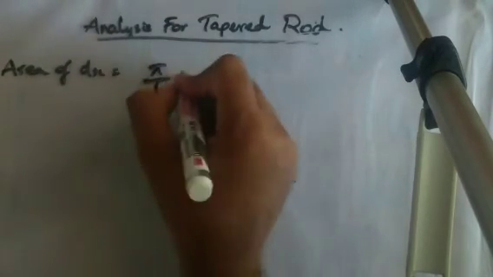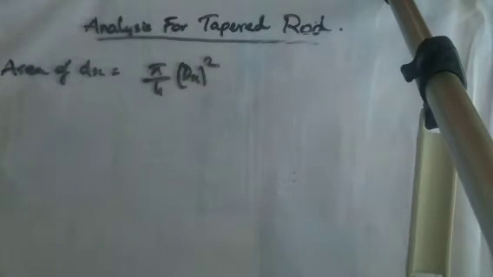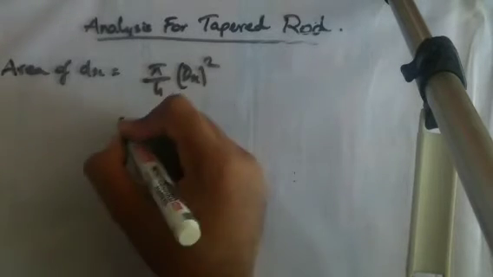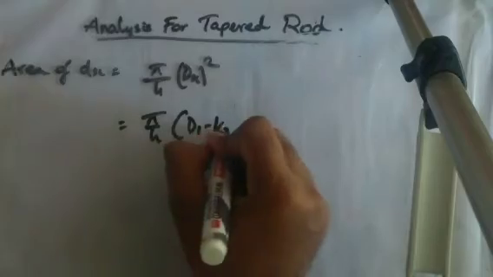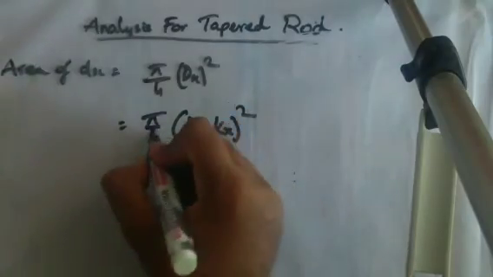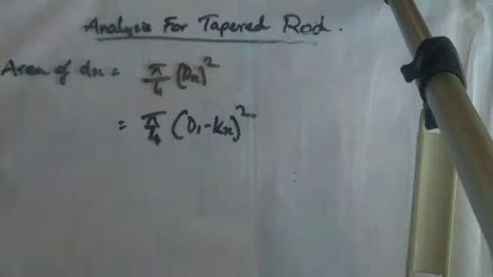The area of the section is pi by 4 into D_x squared. We can write this as pi by 4 into (d1 minus kx) squared.